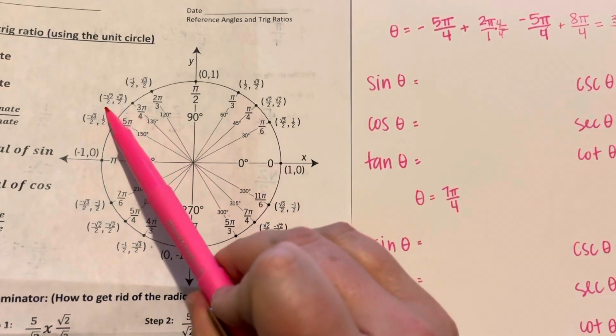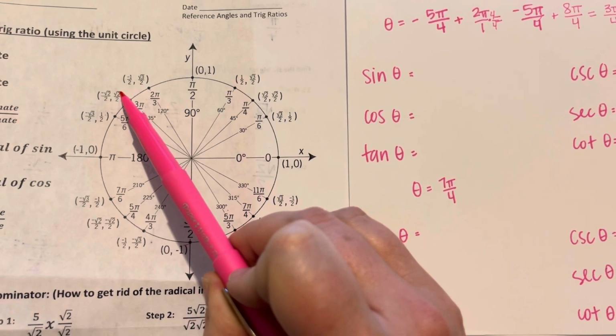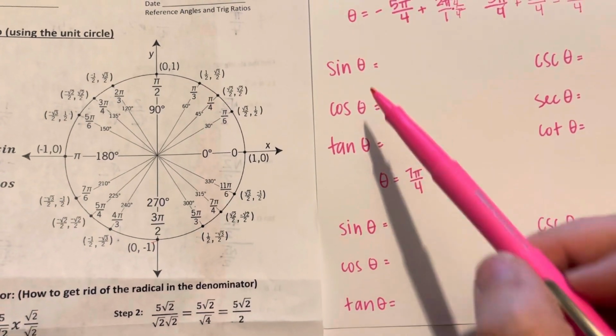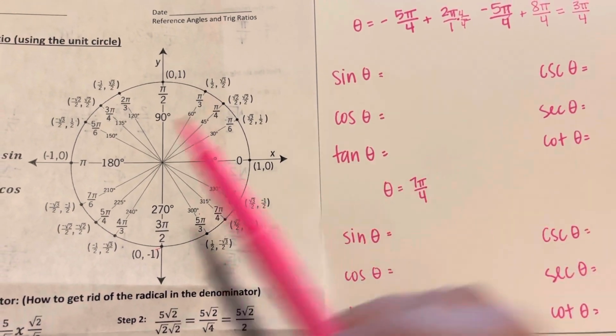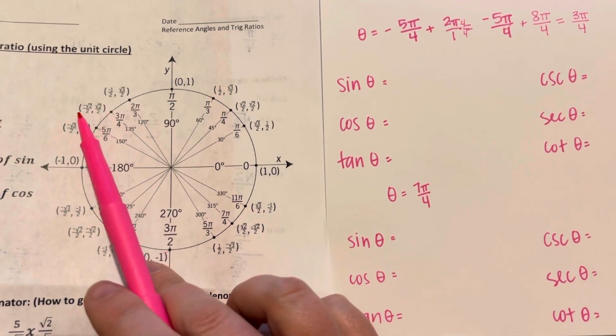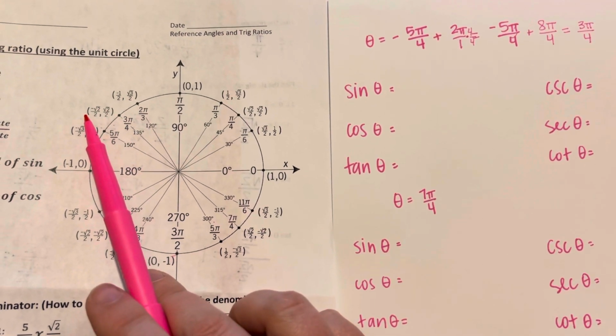So I'm going to be using these coordinates, negative square root of 2 over 2, square root of 2 over 2, as my sine, cosine, and then figuring out the rest from there. You're always going to have your cosine and sine, x and y. Easiest way to remember that is they are both alphabetical.